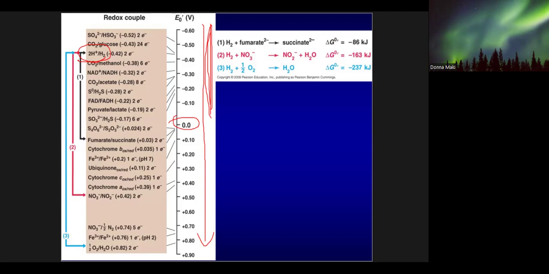Donate. Yep, it likes to donate electrons. I often think of H2 as really happy to donate electrons. I often imagine it kind of like Tinkerbell with the magic wand and the pixie dust, where the pixie dust is a bunch of electrons that H2 is giving off. And she's so happy to do that.